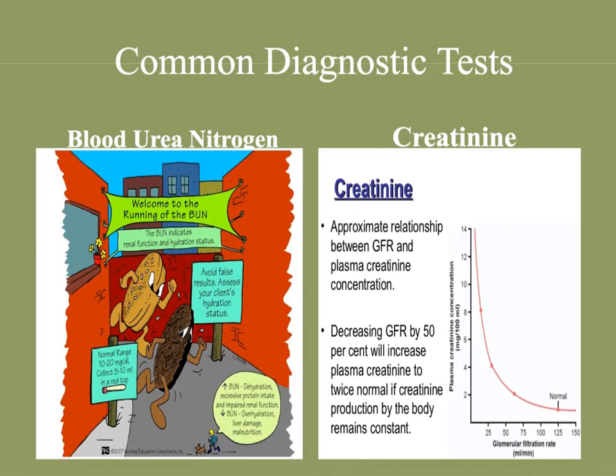Urea nitrogen is similar. However, it can be affected by other things rather than just kidney malfunction. Dehydration can also cause an abnormal blood urea nitrogen level. Typically, the way that we look at this, if the creatinine in the blood and the blood urea nitrogen are both elevated about the same amount, then it's usually a kidney problem.